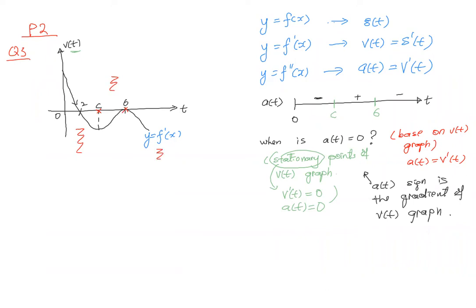So the only shape that I can think of is how? From down, you want to go up and pass by this point. So the only shape you can think of is this shape. Am I right? So this is your AT graph. Are you okay?